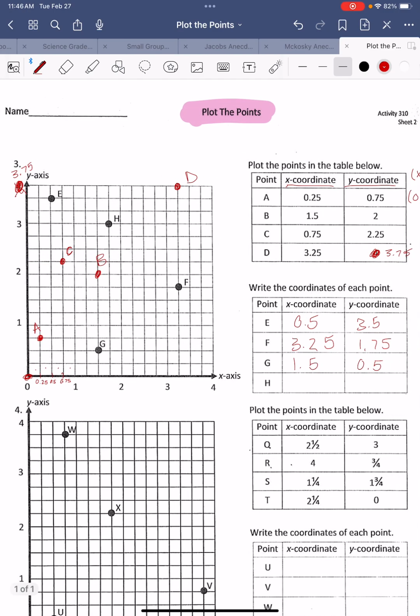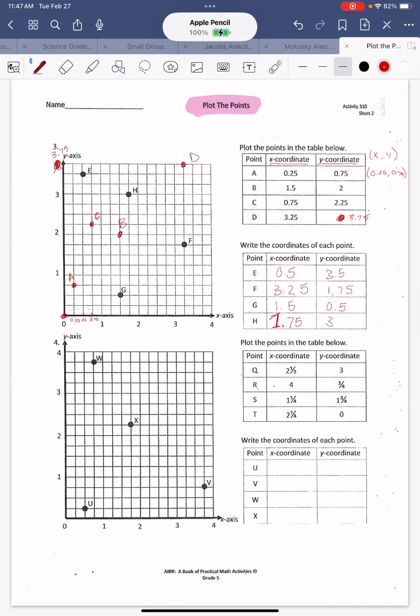And lastly, we have H. Gonna find H on my coordinate grid, drag it all the way down. That's 1 and 75/100 for my X coordinate. 1 and 75/100. Then I've got, for my Y coordinate, just a straight up 3. Okay. Get this copied down.